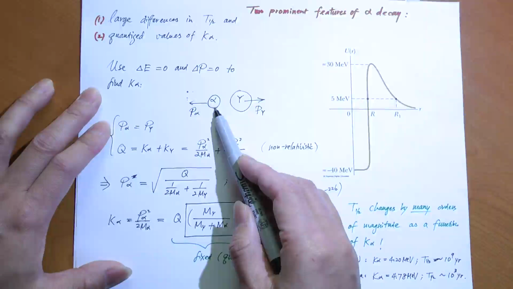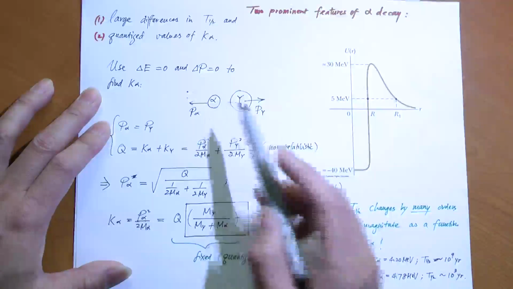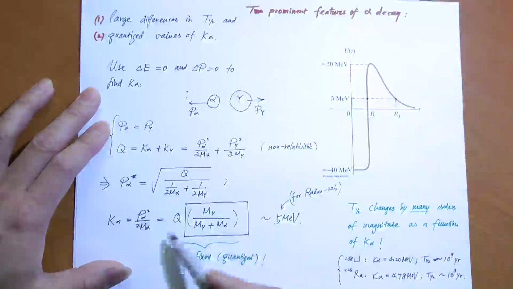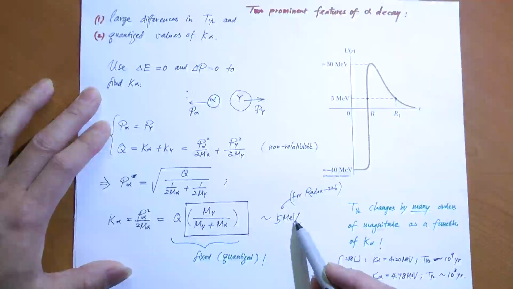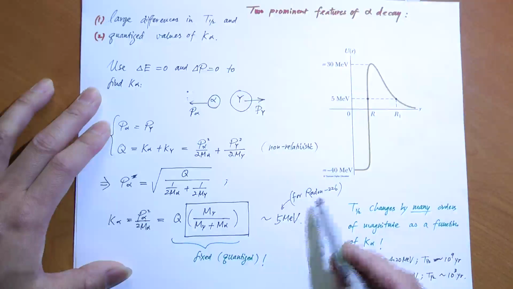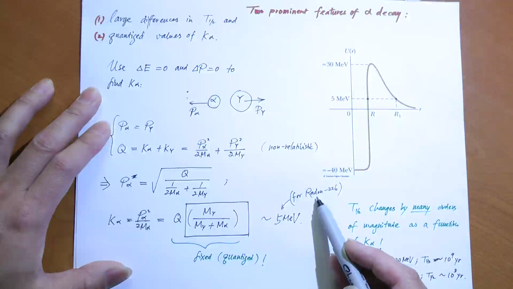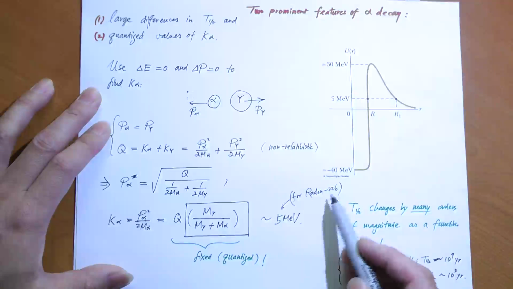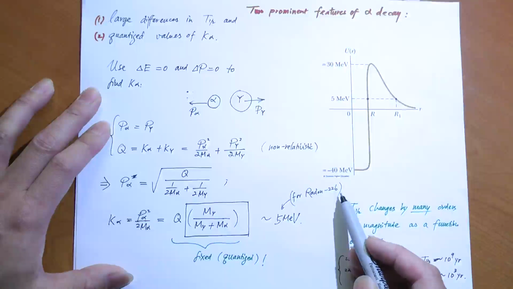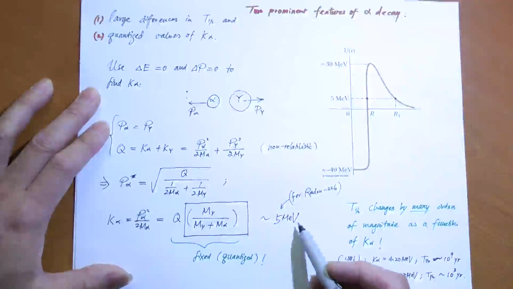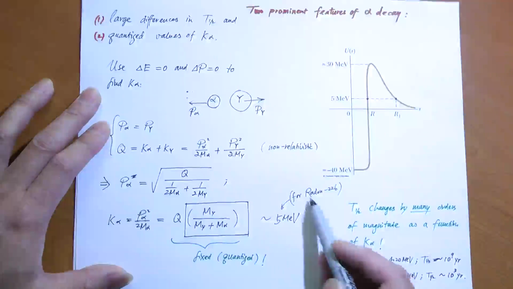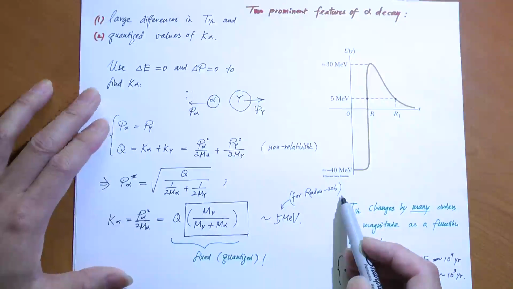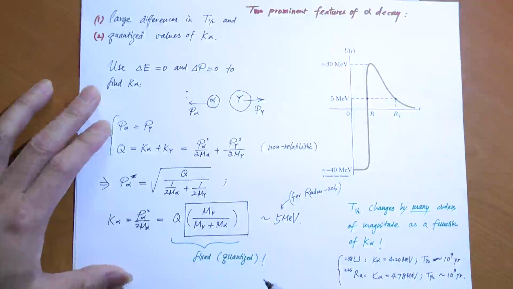Most of the energy released is carried away by the alpha particle in terms of its kinetic energy, at a typical value of about 5 MeV. That's what we got for radon. The alpha decay of radon 226 produces an alpha particle whose energy is about 5 MeV, and that's fixed. That number is fixed for this particular decay because you have to observe this expression.